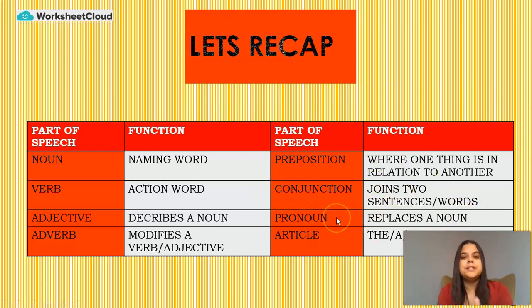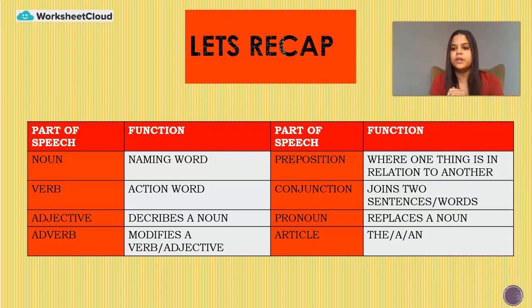Pronouns replace a noun in a sentence. So instead of saying Susan bought Susan a packet of chips, we can now say Susan bought her a packet of chips. The word her replaces the noun Susan in that sentence. Examples of pronouns are her, his, she, my, I. And then at the bottom over here, we have articles, and we have two types of articles.